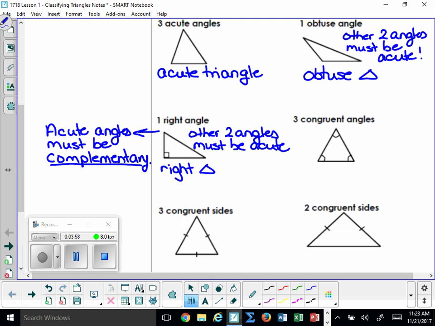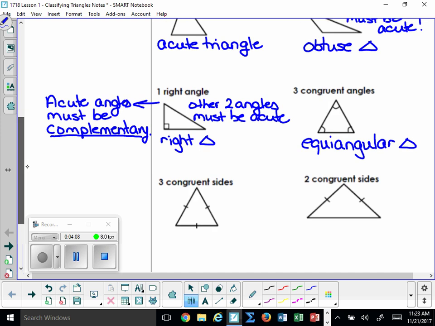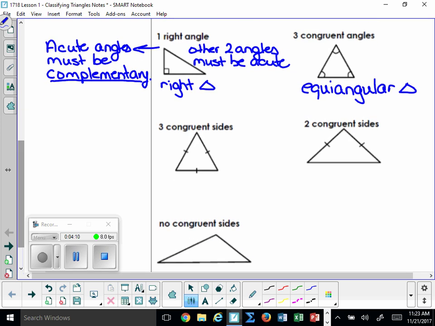If you have three congruent angles, it is called an equiangular triangle. Three congruent sides, equilateral. Now, equiangular and equilateral always go together.